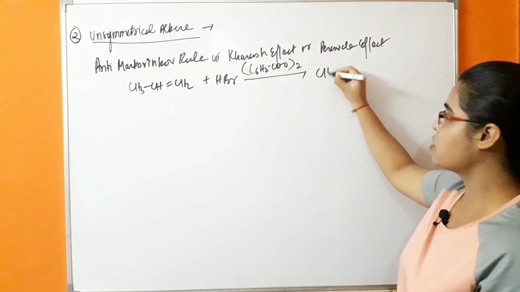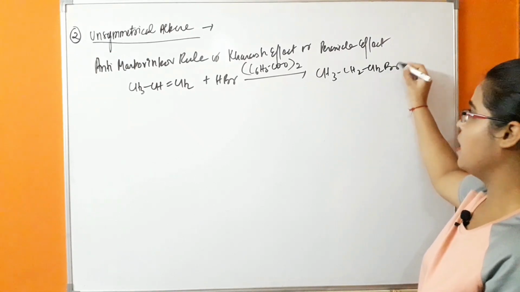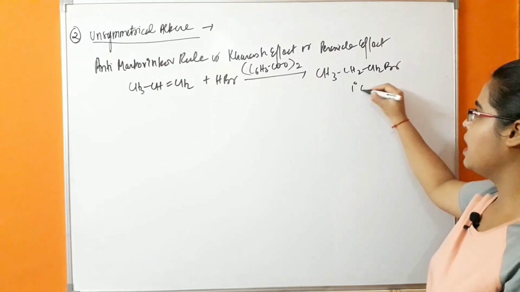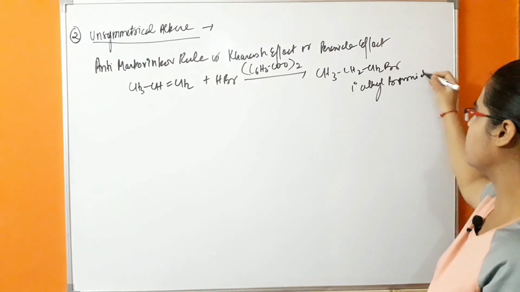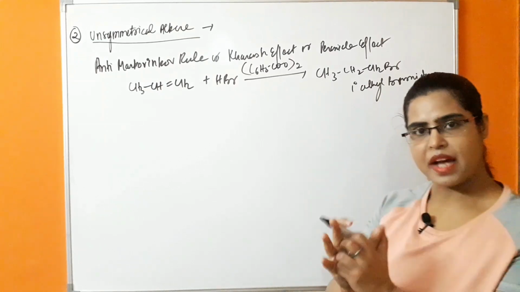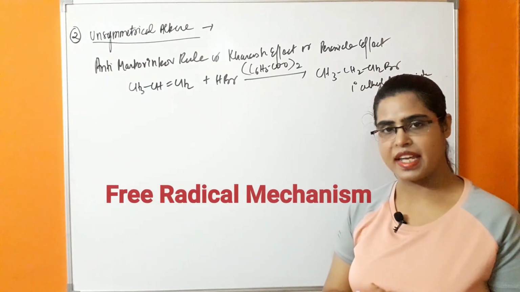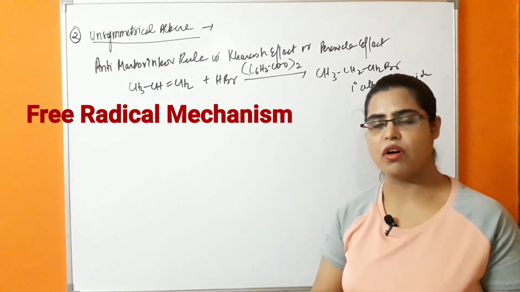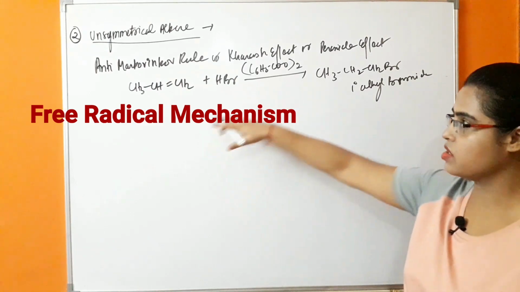There will be formation of CH3CH2CH2Br, a 1 degree alkyl bromide, whereas in the Markovnikov rule there is maximum probability of formation of the 2 degree alkyl bromide because of the stability of the carbocation. So what will be the mechanism of this reaction? This is the general reaction.